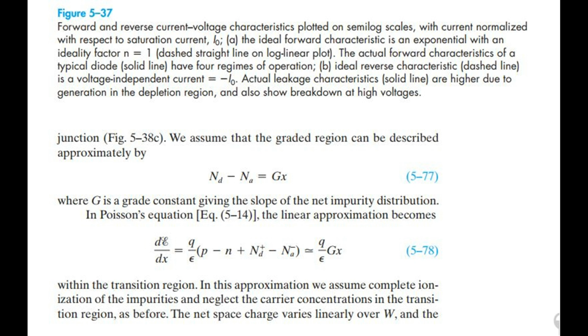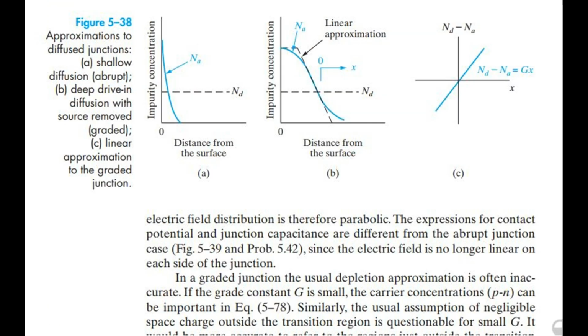The net space charge varies linearly over W, and the electric field distribution is therefore parabolic. The expressions for contact potential and junction capacitance are different from the abrupt junction case, Fig 5.39 and Prob 5.42, since the electric field is no longer linear on each side of the junction.